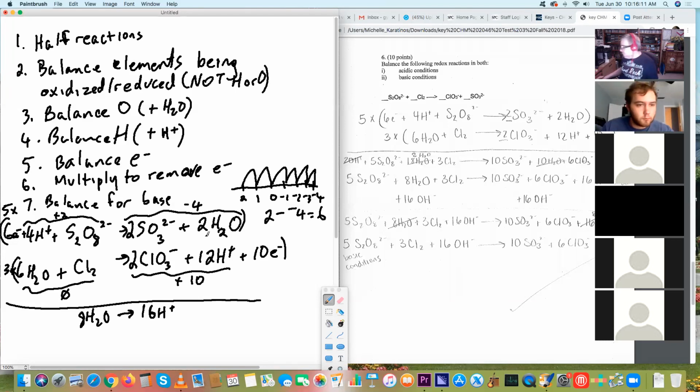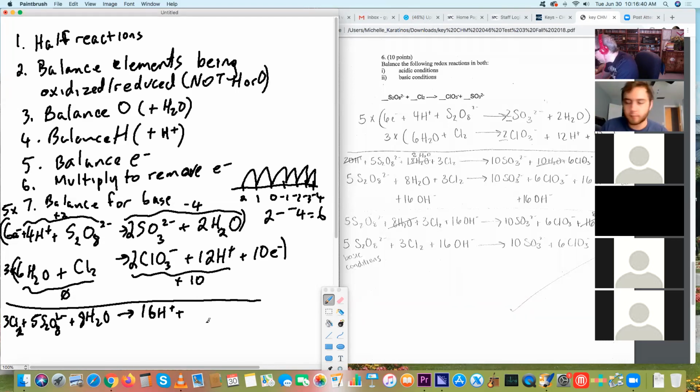Now the other ones, because they only have one instance of each, are a bit easier. So we've got 5 S2O8 2 minus over here. And then let's see, what else have we got? We've got 3 Cl2s as well over on this side.